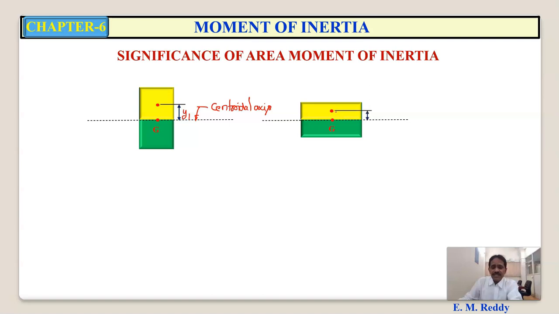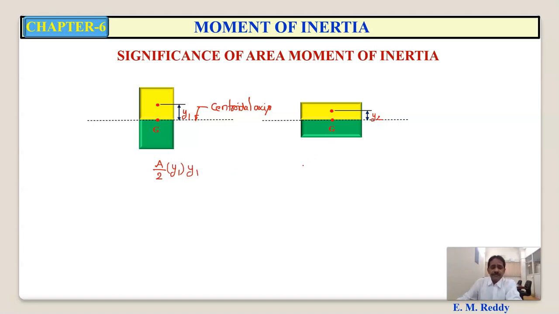Similarly here, the distance of centroid of the area, which is in yellow color, about this axis is y2.